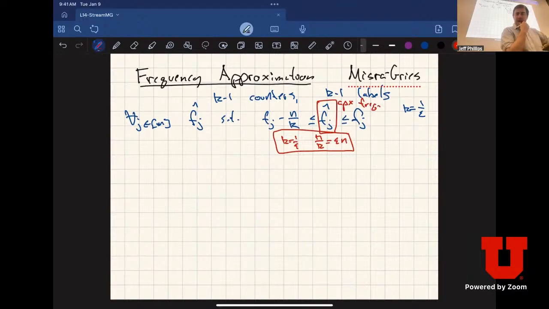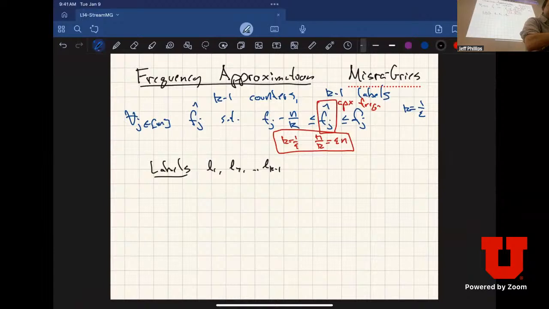So this will be the approximate frequency. Our data structure again is going to be these labels L1, L2 up to Lk minus 1, and with these I'm going to have some counters, C1, C2 up to Ck minus 1.